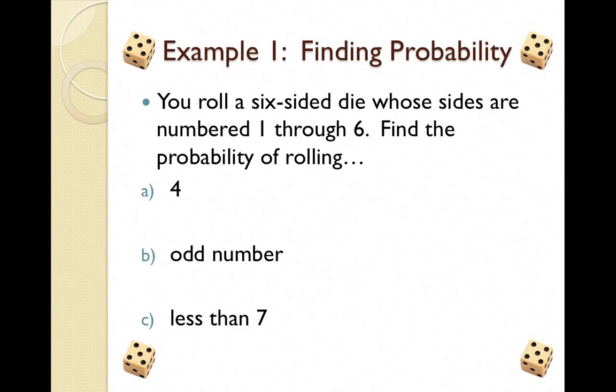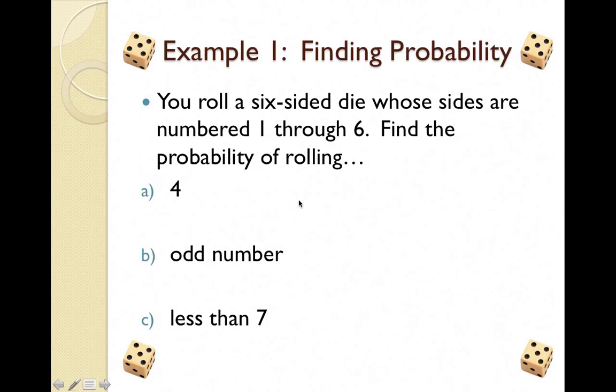So let's take a look at an example. It says you roll a 6-sided die whose sides are numbered 1 through 6. Find the probability of rolling a 4, an odd number, or something less than 7.